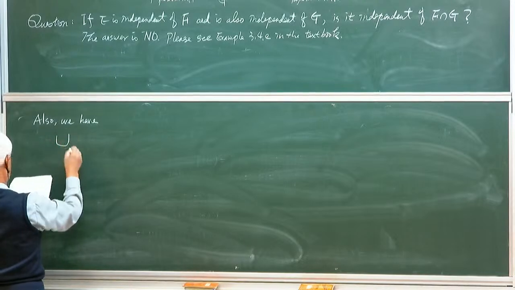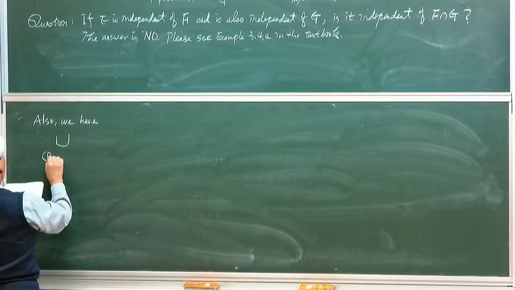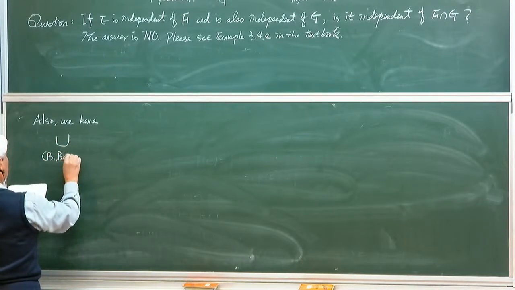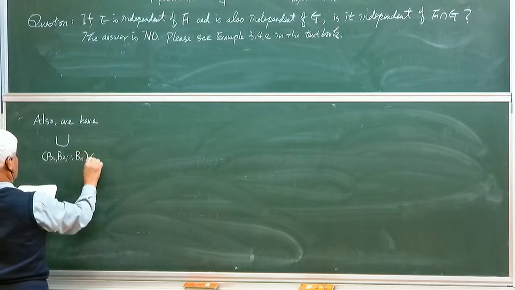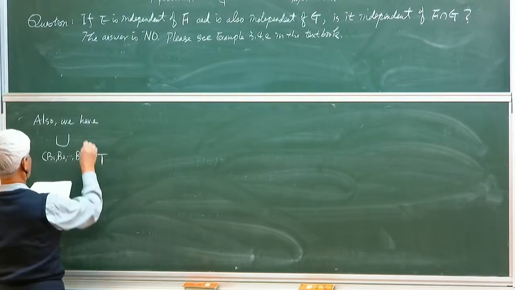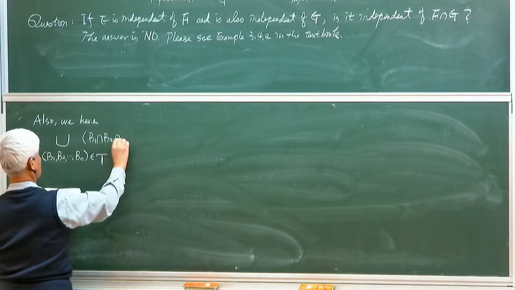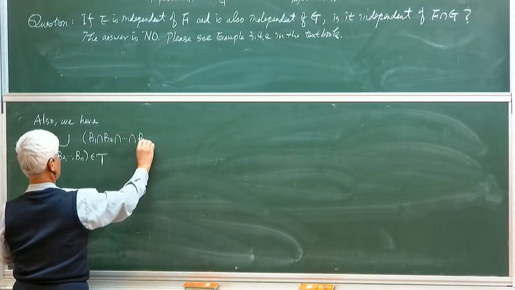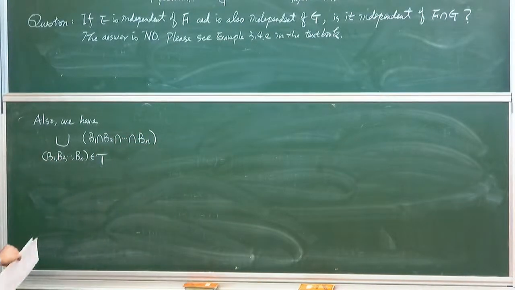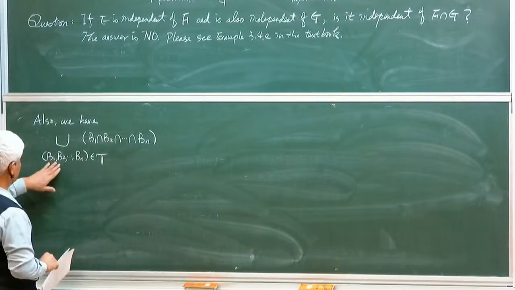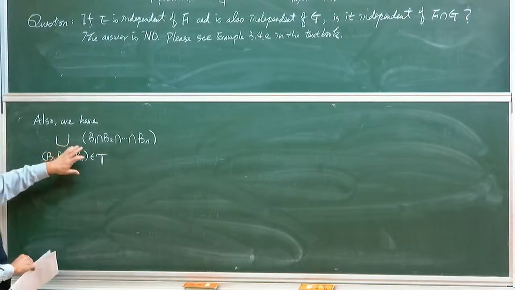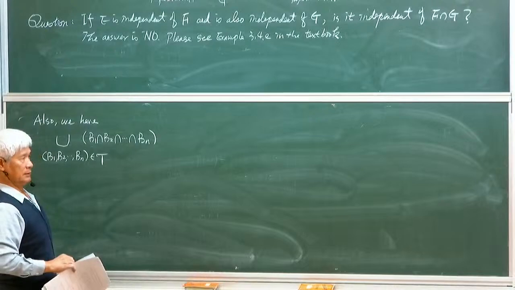We take the union over all B1, B2, up to Bn in T, of all of their intersections. For each n-tuple, there is a corresponding intersection here.